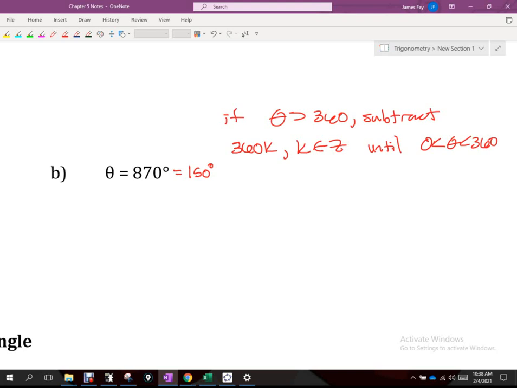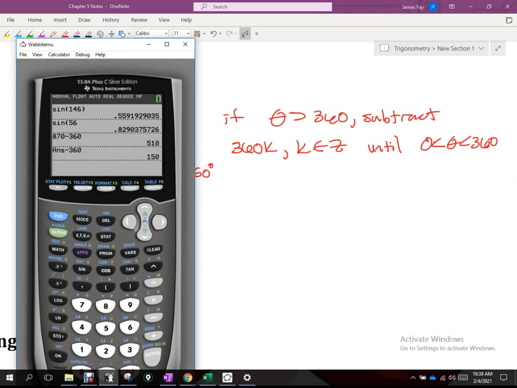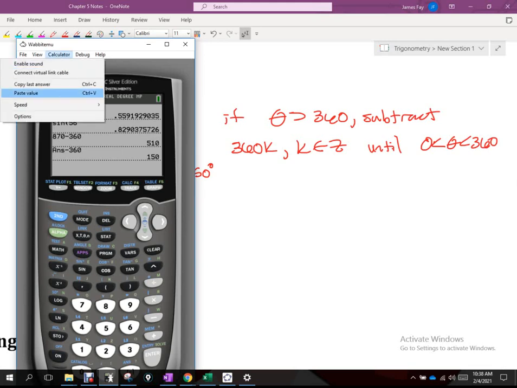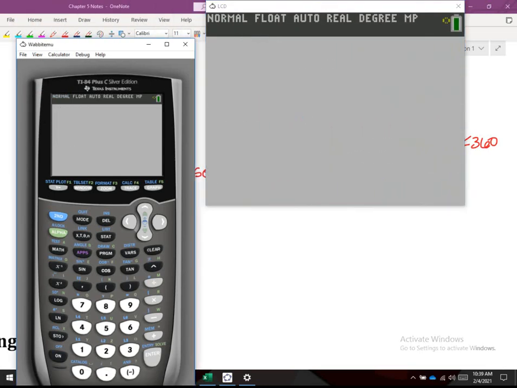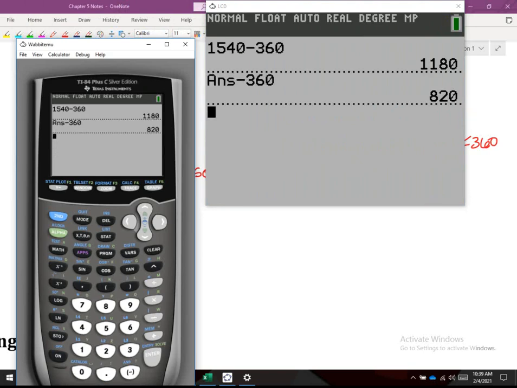Is that okay? Now, if you had a question like this where it was like 1540. If theta was 1540, I can go minus 360. Desmos does this as well, but gives me that. I was going to hit minus 360 again. Obviously, it doesn't give me what I'm looking for yet, right?